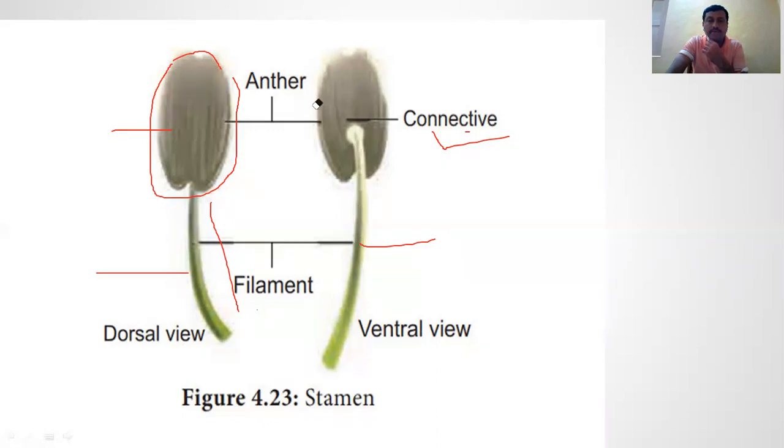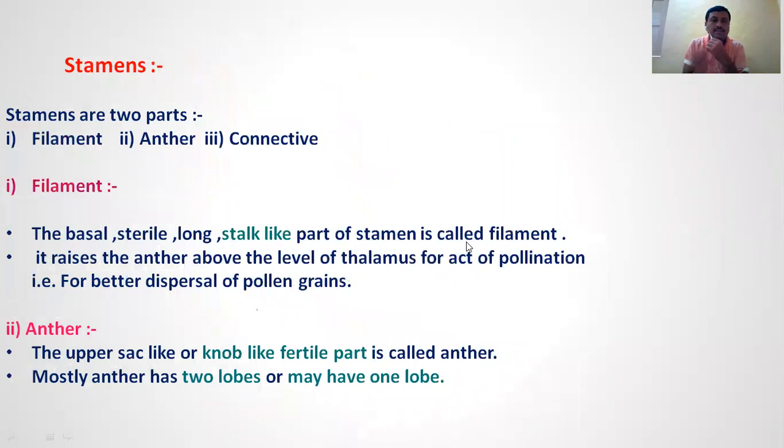Okay. Now, see the parts. The stamen has three parts: filament, anther, and connective.